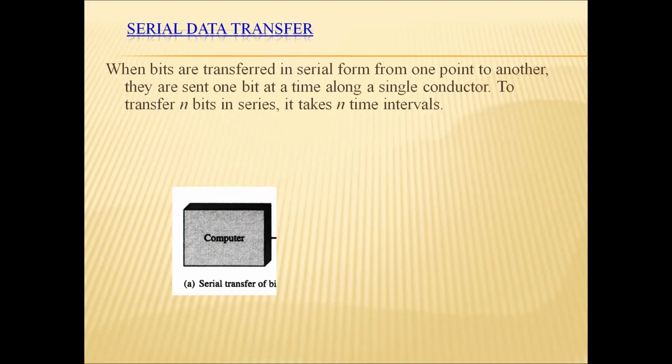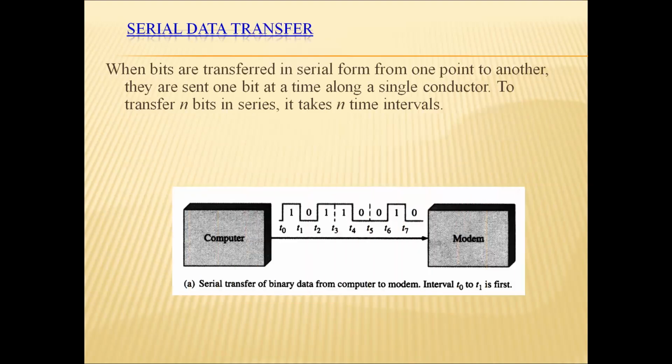Now, serial data transfer. You can see serial data transmission is going around, and the most widely used example is a modem. So there is a computer and it is serially connected to a modem, and whatever information you are fetching or providing is basically serially fed.